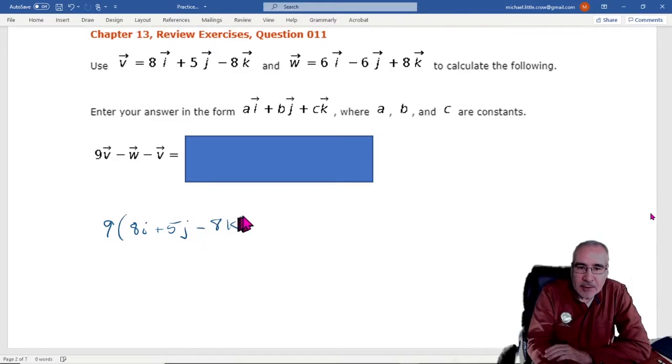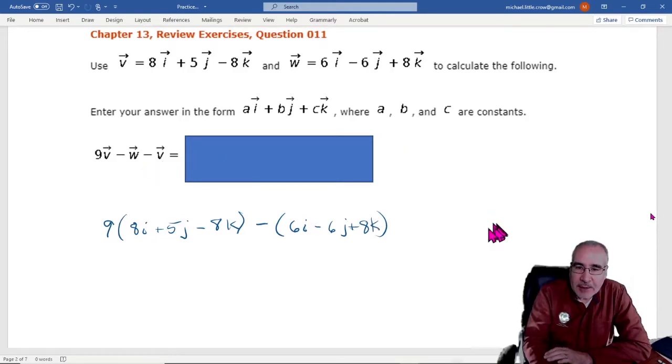I'm going to dispense with the little arrows on top. Then we're going to subtract w, so that's 6i minus 6j plus 8k. Notice this negative has to distribute through here, and then we have a final minus v, so I'm just going to write that one: minus 8i plus 5j minus 8k.